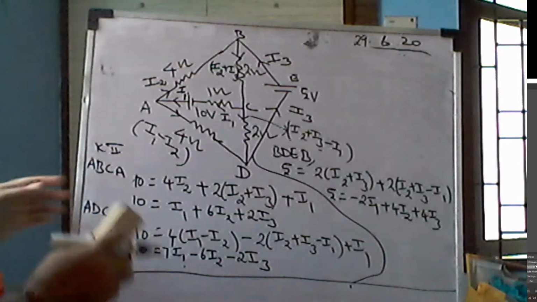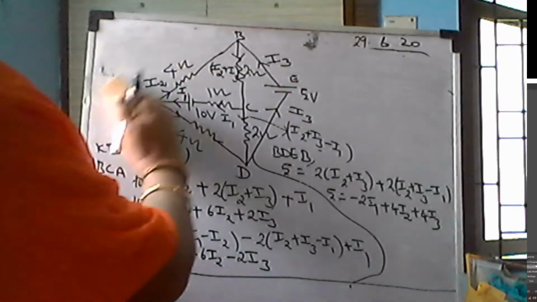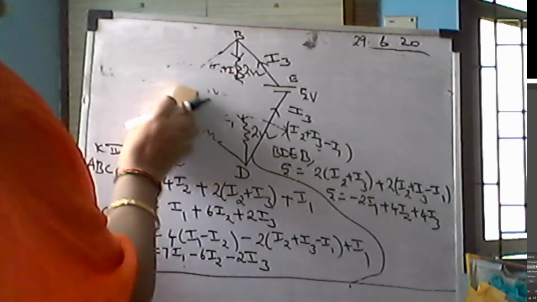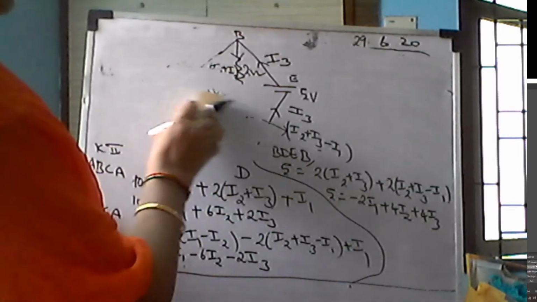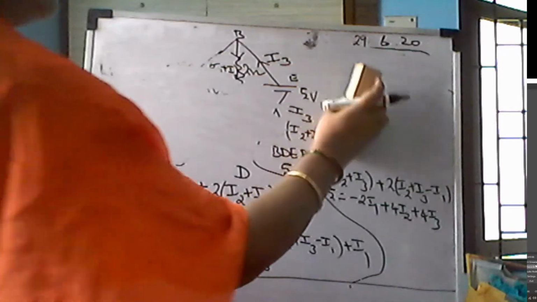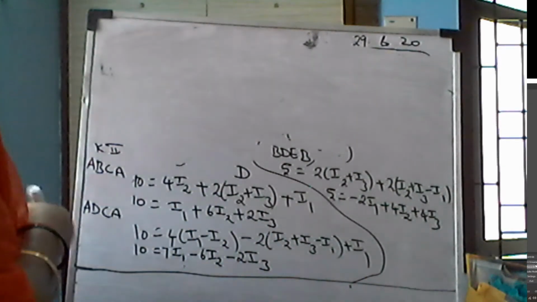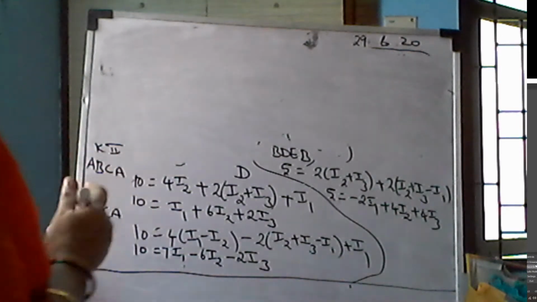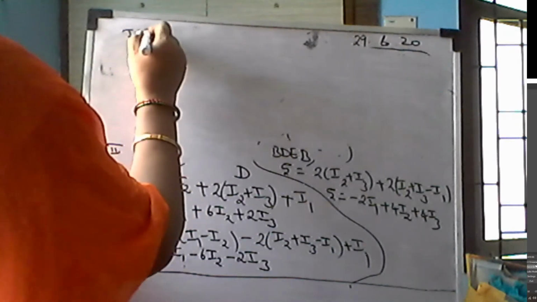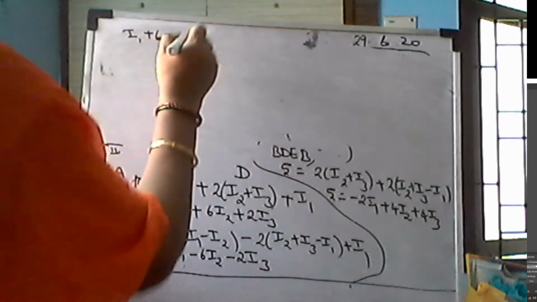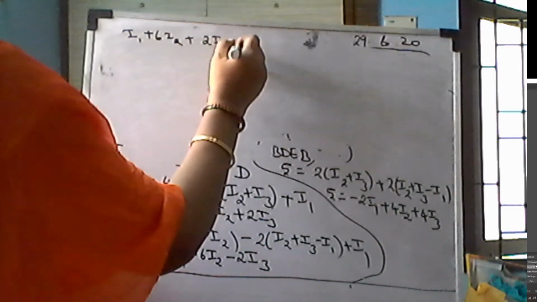Okay, example question. So I am rubbing only this circuit and the modified equation. I will write all the three equations, and then we will solve. First you will find out I1, I2, I3. So the first equation is I1 plus 6I2 plus 2I3 equal to 10.